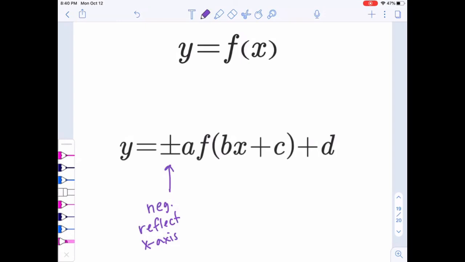Now that f here is just that function of f. That's all that f is. So I'm just going to leave that there. Now what happens on the inside, right? Inside is always going to be opposite of what you think.